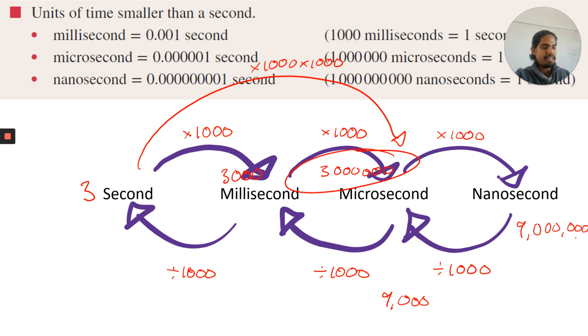Losing a factor of 1,000 on our nanoseconds. To go from microseconds to milliseconds, we'll divide by 1,000 again. And then to get from milliseconds to seconds, we divide by 1,000 one more time to give us 0.009 seconds. Again, removing our decimal point 3 spaces to arrive at 0.009 seconds.